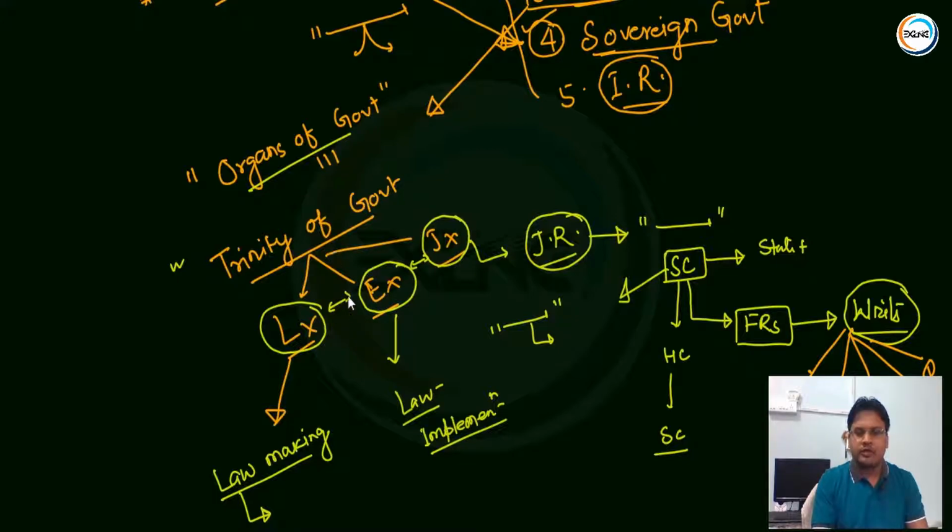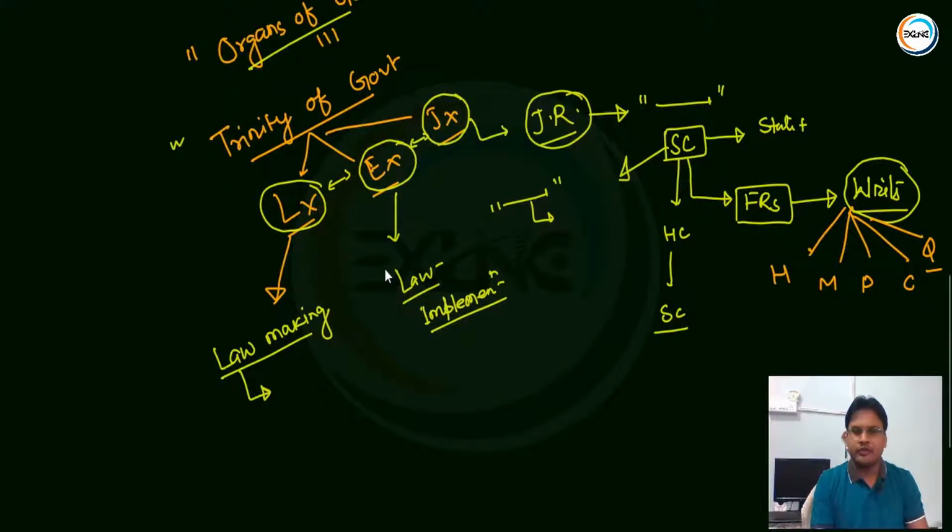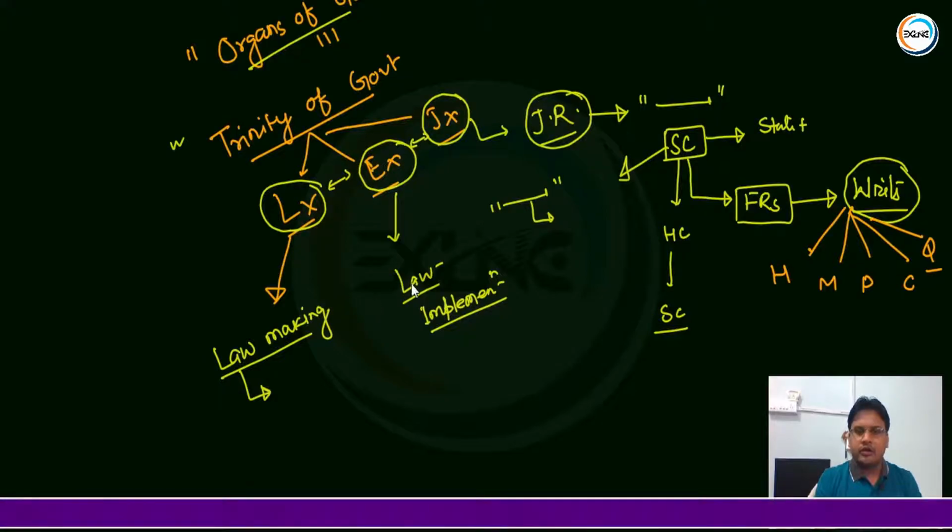They have separate domains, but the Indian constitution has some unique characters we will see. The legislature is responsible for law making, the executive is responsible for law implementation, and the judiciary is responsible for judicial review, to evaluate whether the law enacted by the legislature or the executive orders are within the provisions of the constitution or not.